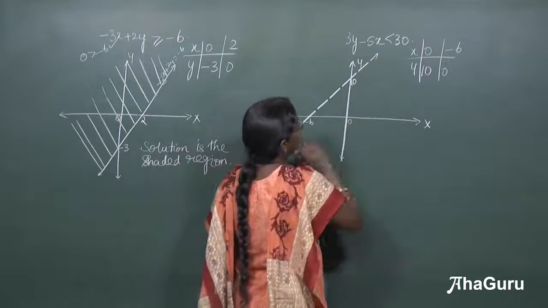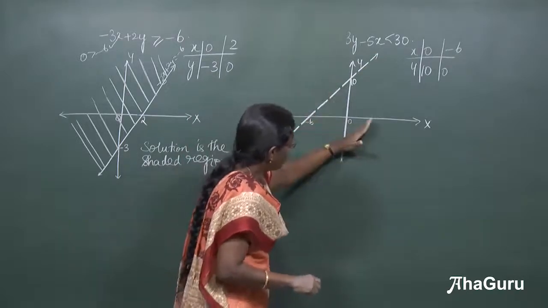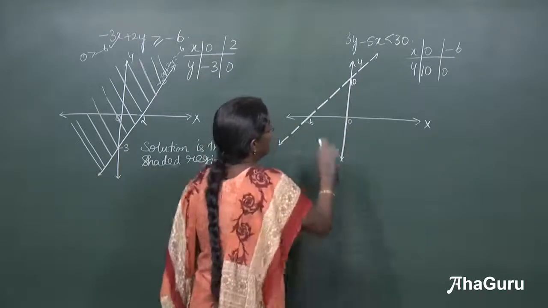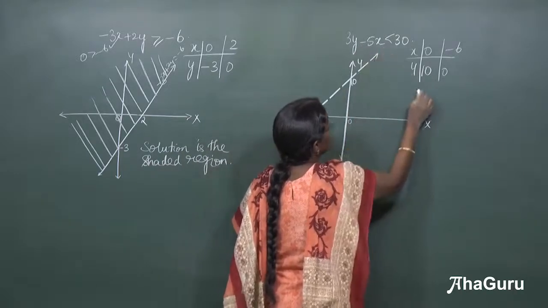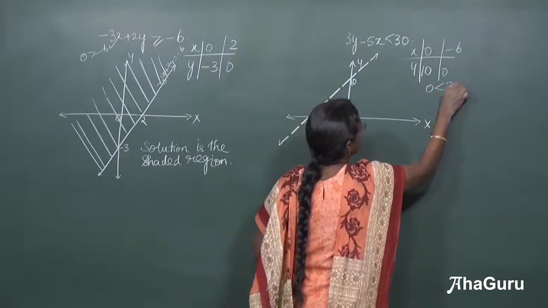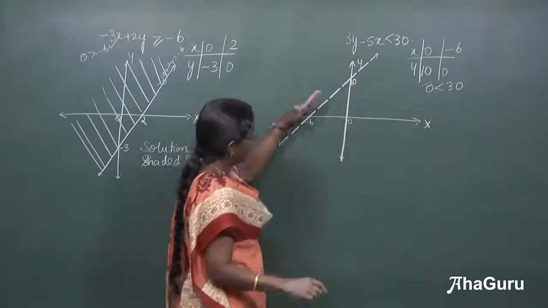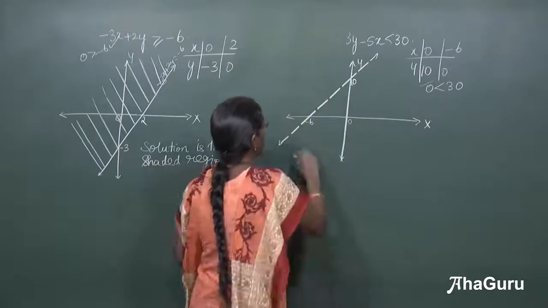Now for finding out where the region is, it has to be either on the side of the origin, this side of the line here, or the other side. Now if I substitute origin coordinates here, x is 0, y is 0, what do I get? 0 is less than 30, 0 less than 30 is definitely true. So the side where the origin lies satisfies the inequality.